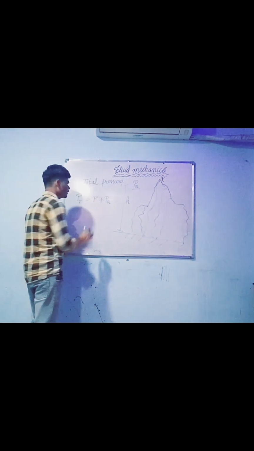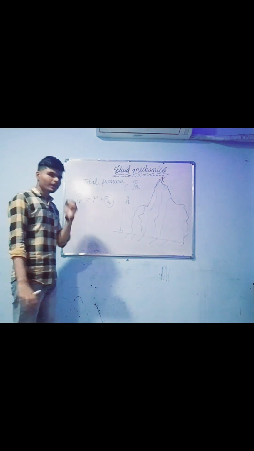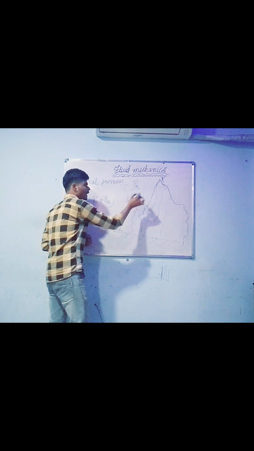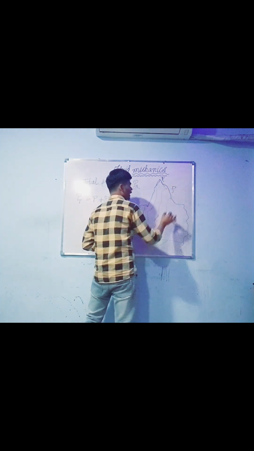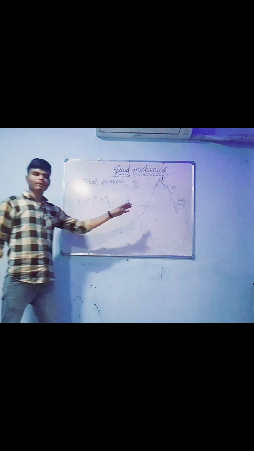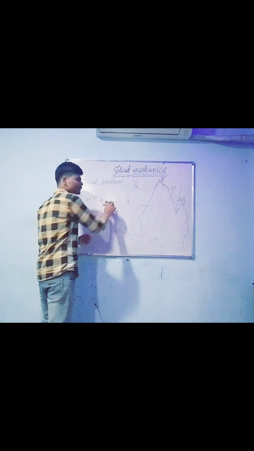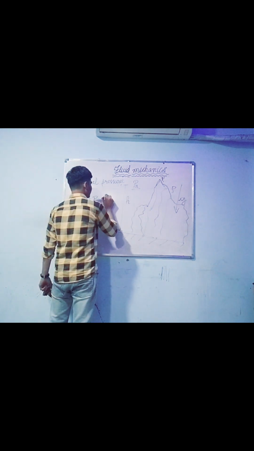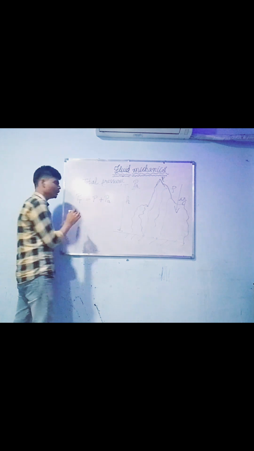Next, the atmospheric pressure. We take a reference in terms of density, height and acceleration due to gravity. When you are at a height, gravity g acts downwards towards the earth's surface. So this Pa will be replaced by h rho g.